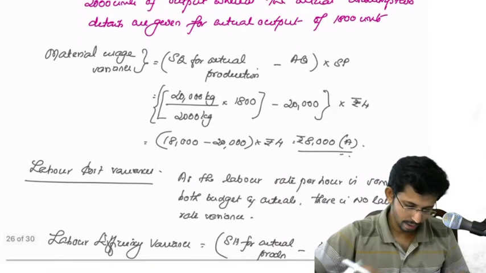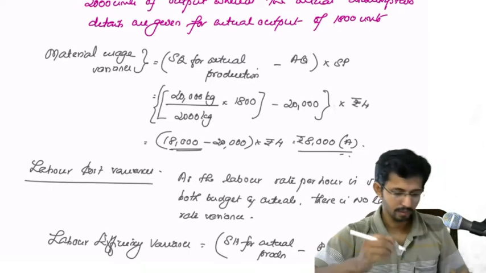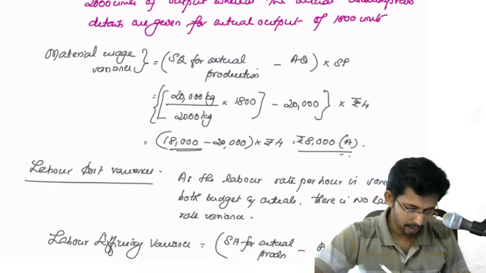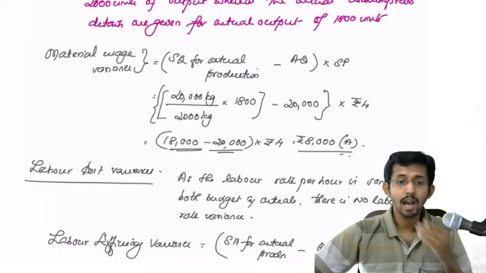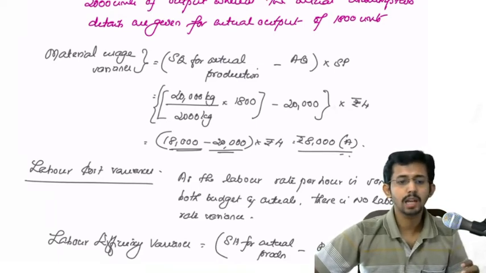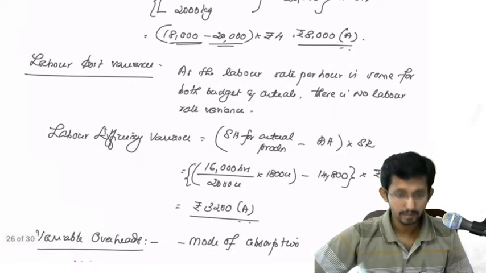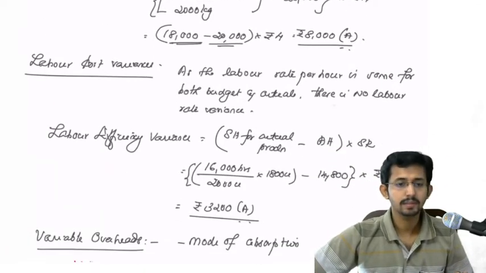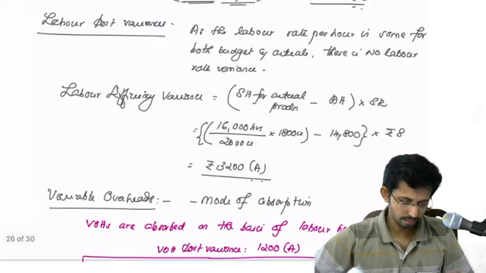The standard quantity was how much? 18,000. Whereas how much did we actually consume? 20,000. Okay, and what is the available labor hours? Available labor hours is 20,000. Okay, am I right? Yes.